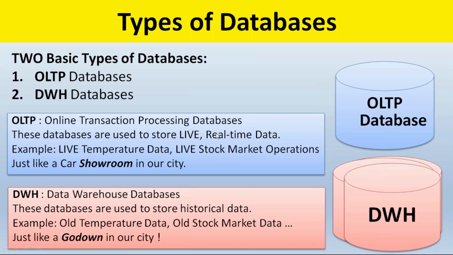Then we have something called data warehouse to store historical data, to store old temperature data, old stock market operations. Just like godown in our city, showroom is OLTP, godown is warehouse.